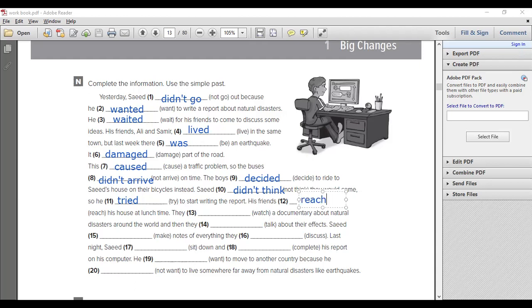Ed. Yes, with ed. Reached. They watch a documentary about natural disasters. So it's going to be, yes, Ghala. They watched it. Yes, they watched.